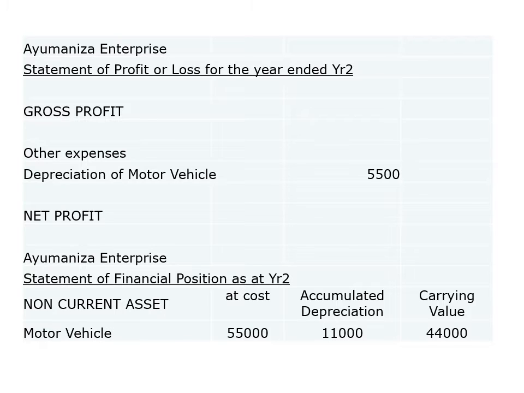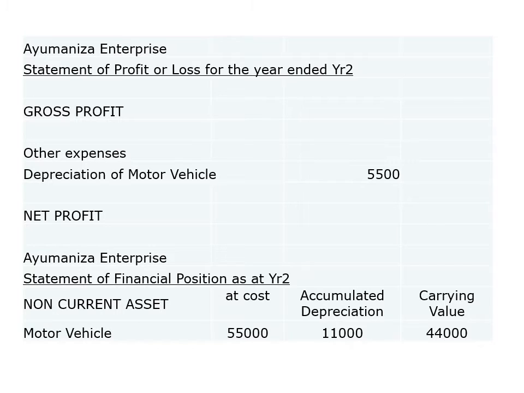However, in year 2, you can see in the statement of profit or loss again, depreciation of motor vehicle that will be included in other expenses. The amount is the same, 5,500. However, in the statement of financial position year 2, the accumulated depreciation has accumulated, adding up the last year's depreciation amount and this year's, 5,500 plus 5,500, becomes 11,000.